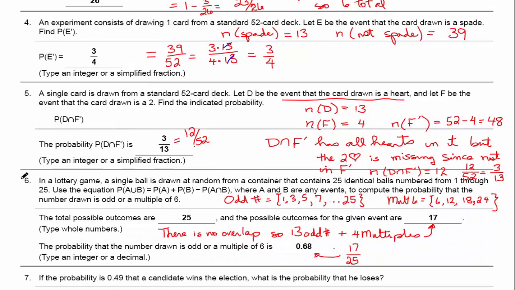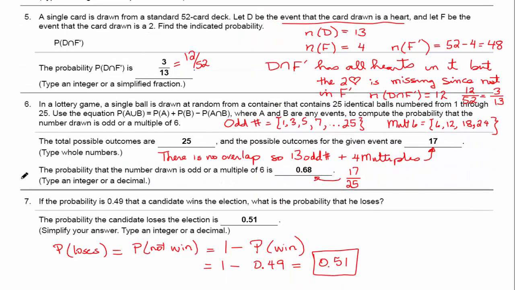Question 5 gets a little more complicated. D is the event the card is a heart. We know there are 13 hearts. And F is the event that the card is a 2. There are 4 2s.